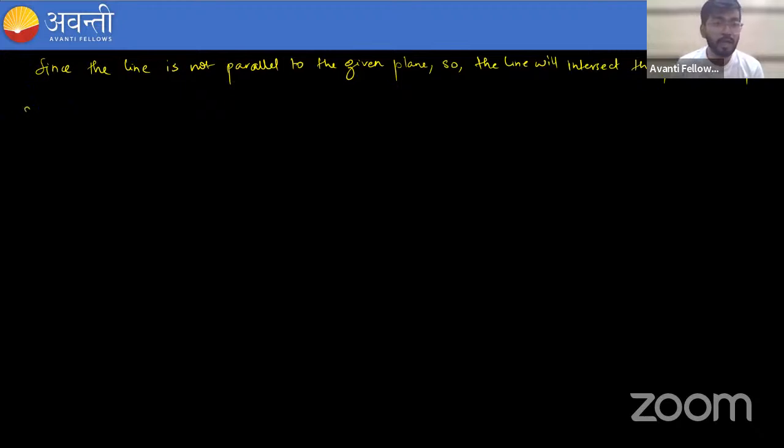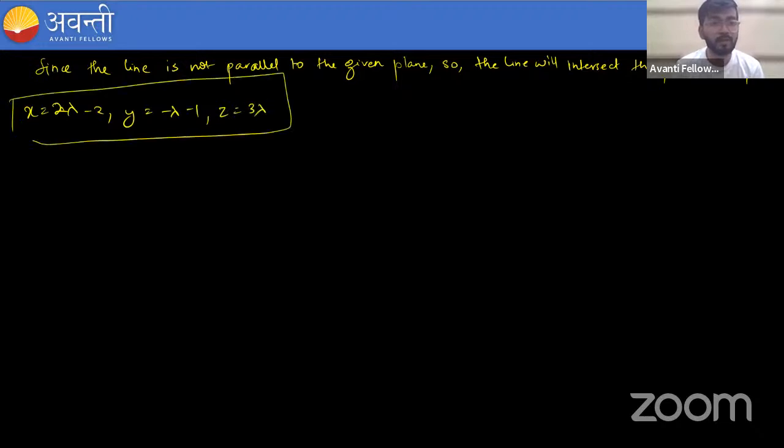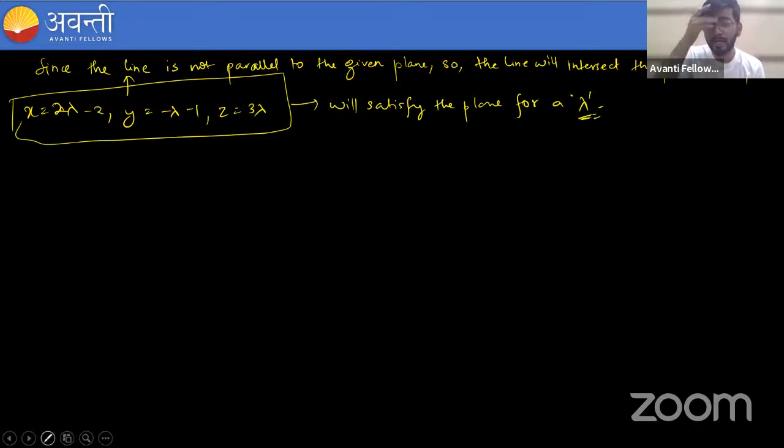So now x equals 2 lambda minus 2, y equals minus lambda minus 1, and z equals 3 lambda. These are the points on this given line. So this will satisfy the plane for a particular value of lambda, because the line will intersect the plane.